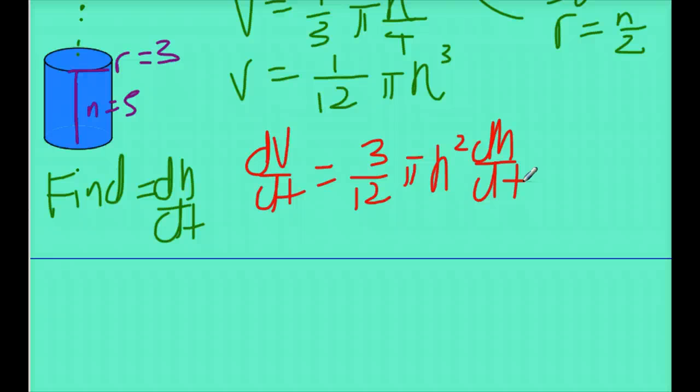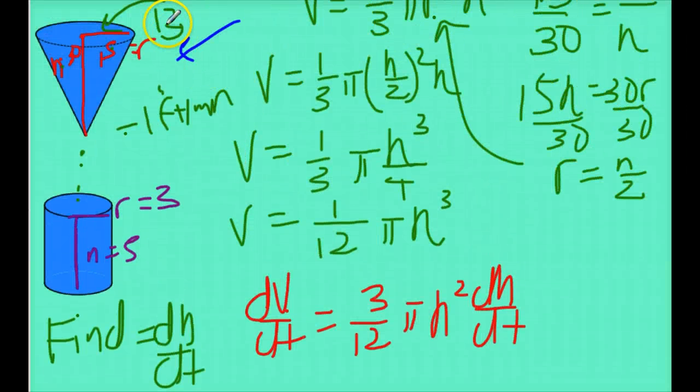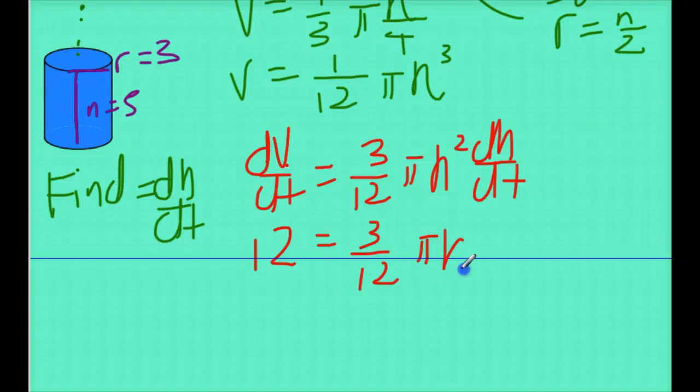And so what I'm going to do is take a look at my dV dt. Well, if this was going in at a rate of 13 but coming out at a rate of 1, that's going to give me 12. 3 over 12 pi, my h is always changing.